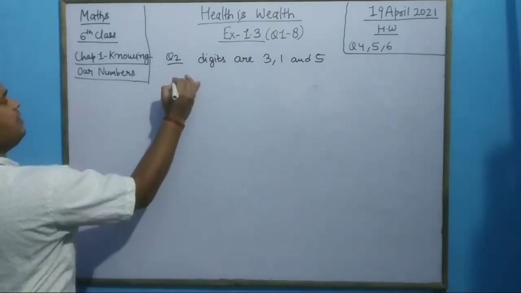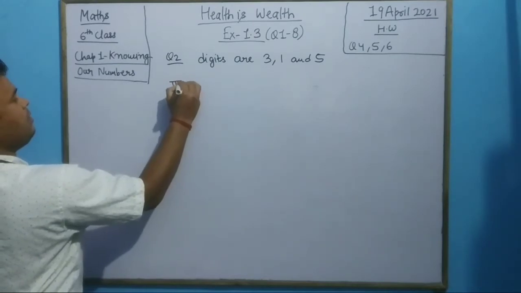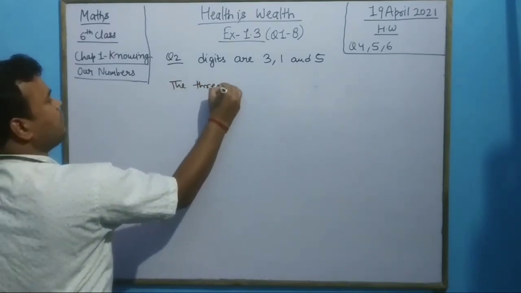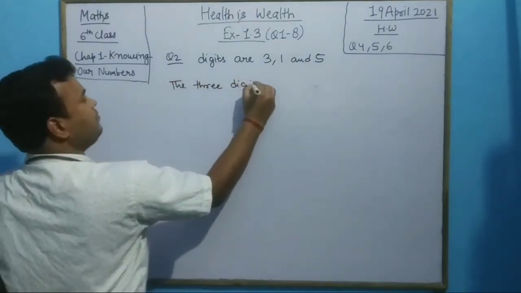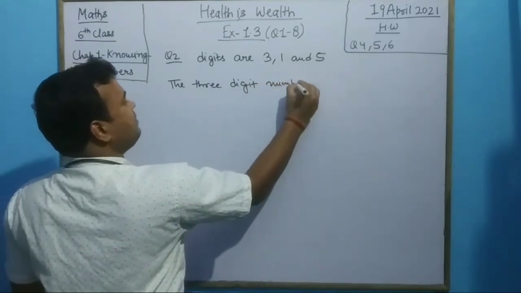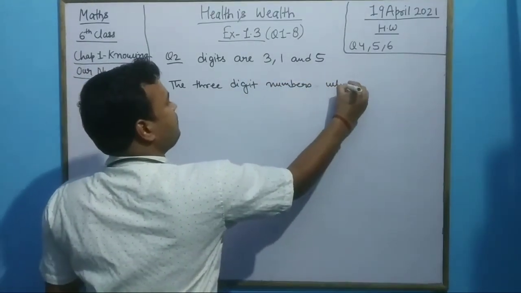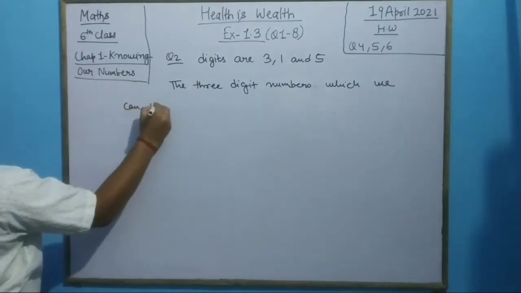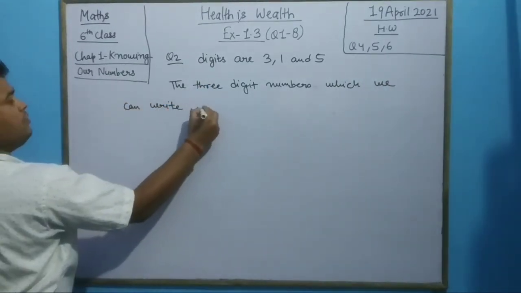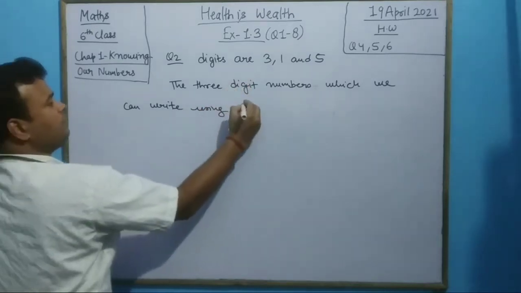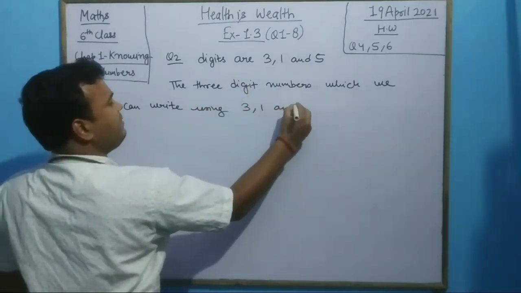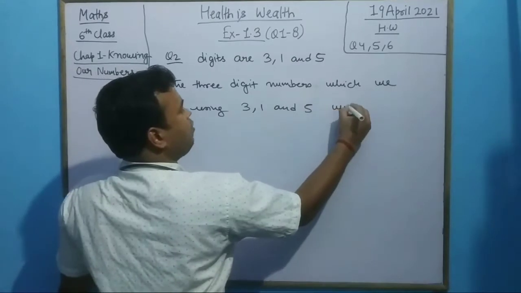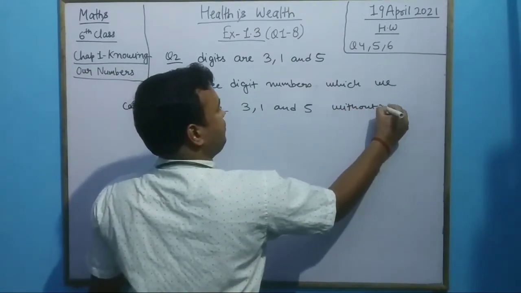So let us write the 3-digit numbers which we can write using 3, 1 and 5 without repetition.